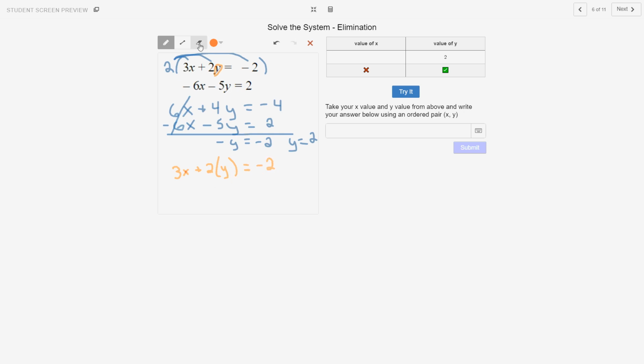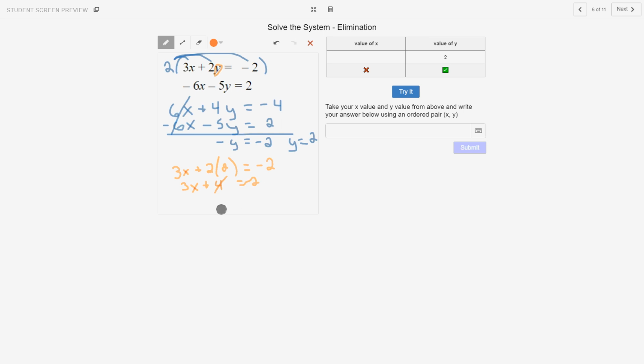Oops, I said I was going to do that, and I wrote y down. Well, I know what y is. Y is 2. So 3x plus 4 equals negative 2. And I'm going to subtract 4 from both sides.